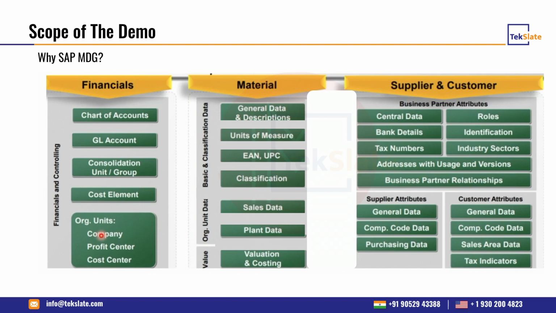Here we have company code data and purchasing data. Then roles, identification, industry sector, and customer attributes.